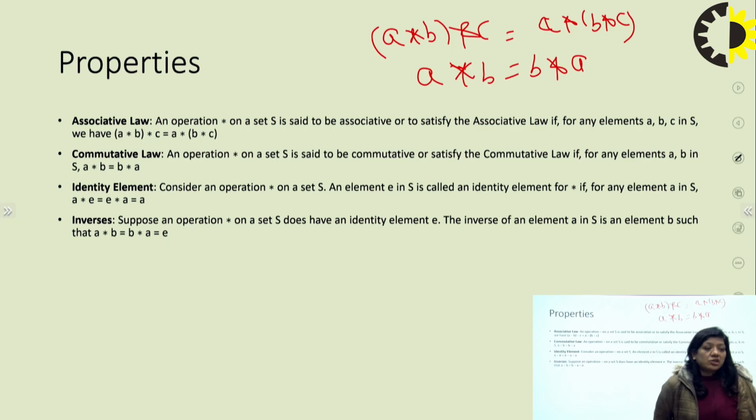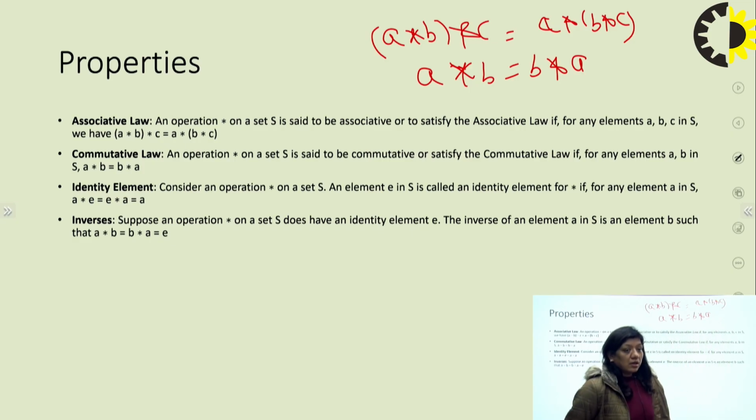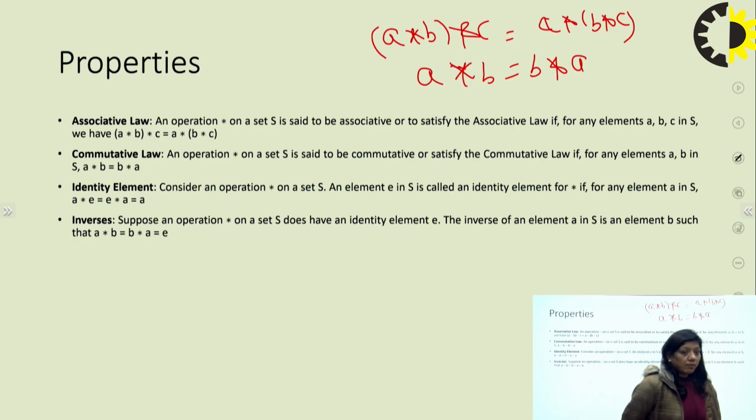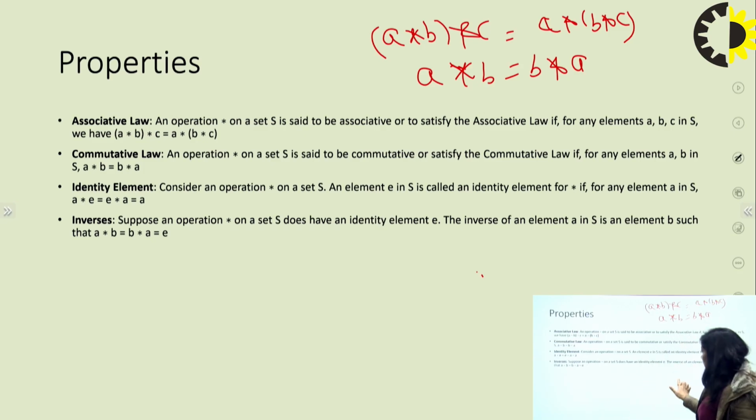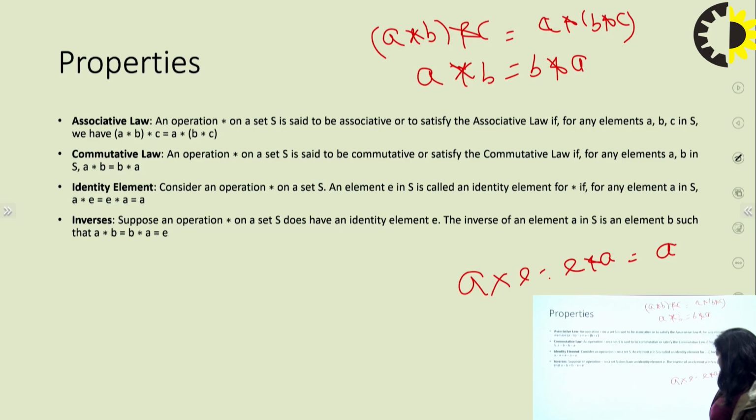Next one, the identity element. Consider an operation of multiplication on a set S. An element E in S is called an identity element for multiplication if for any element A in S, A cross E is equal to E cross A is equal to A. If this property is satisfied, then we can say the set satisfies the identity element. Next one is the inverse.